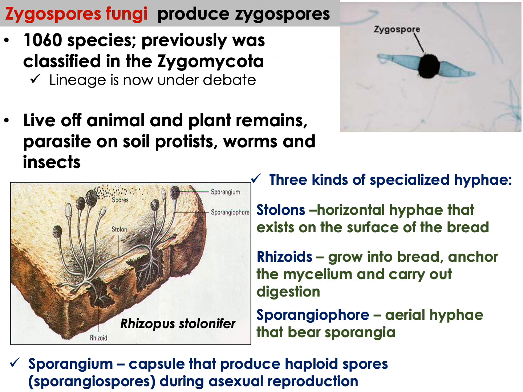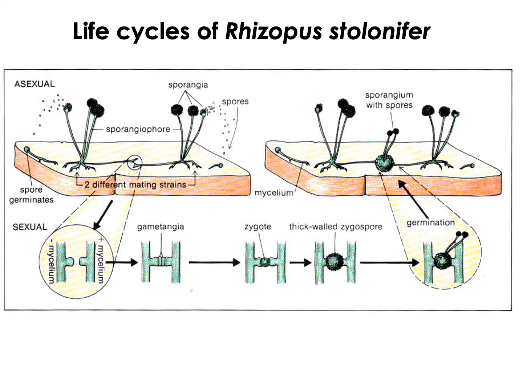A sporangium is a capsule that produces haploid spores, known as sporangiospores, during asexual reproduction. In your lab, if I'm not mistaken, there will be a photo of the Rhizopus so you will be able to spot the sporangium and the sporangiospores.